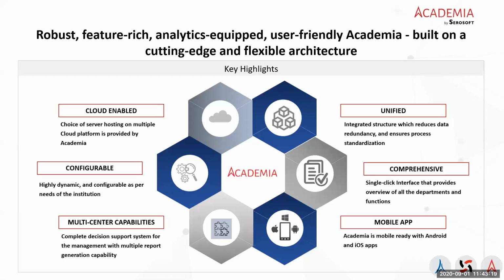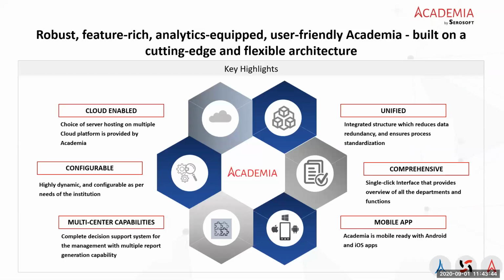So what is academia? It's a robust, feature-rich, analytic-equipped, user-friendly system that is built on cutting-edge technology and flexible architecture. And I think all of these words are usually the words you look at when you choose a system that will be there and relevant in your sector for the next 20 years.